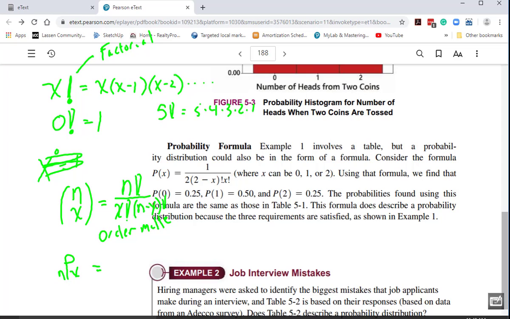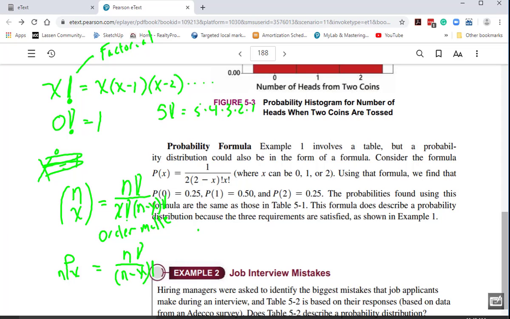The permutation rule of n choose x is equal to n factorial, just like this one, divided by n minus x factorial. The only difference is that we're not dividing by x factorial. You see it? Here we have everything. Let me rewrite it.